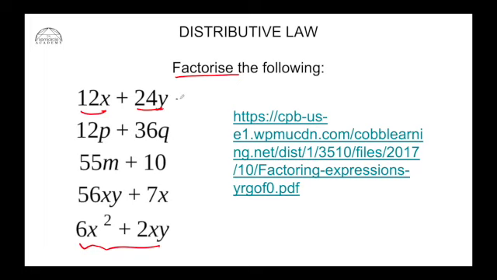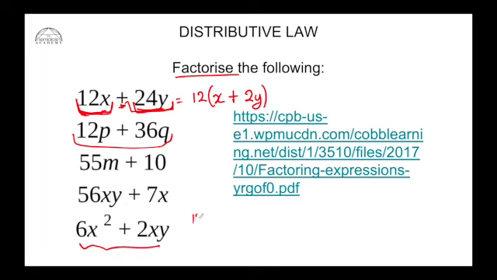If I pull 12 out and open brackets, 12 times x will give me 12x, plus, because I have a plus here, and 12 times 2 will give me 24y. So now I have 12 outside into x plus 2y on the inside. Ariel, you okay with this one?